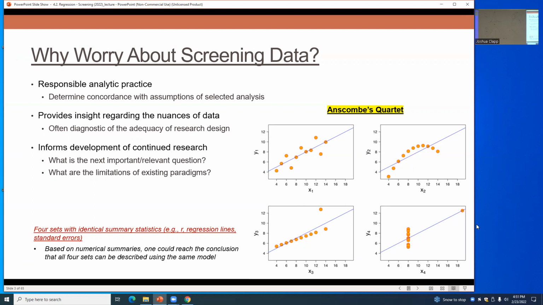Yeah, the line looks pretty representative of the data. Right, here my regression model is pretty good, right? Sam, what about X2? What's going on in this panel?